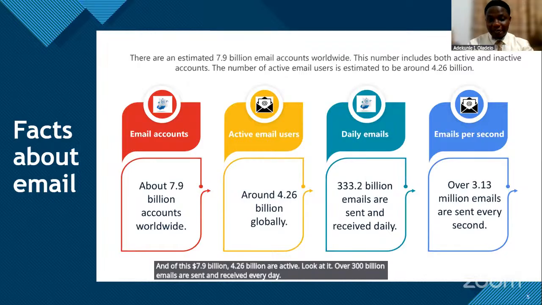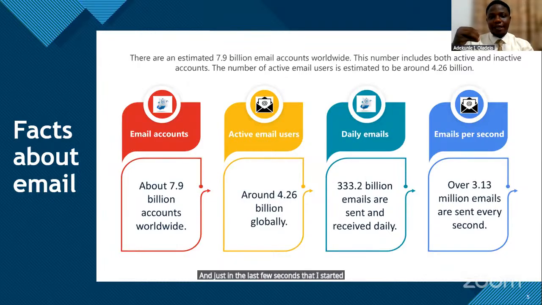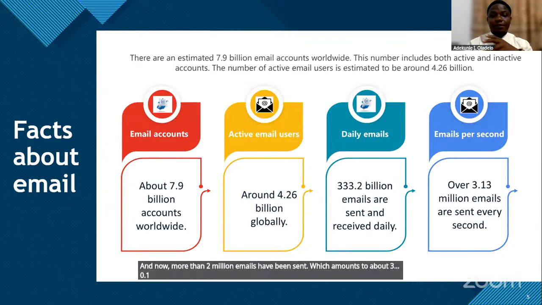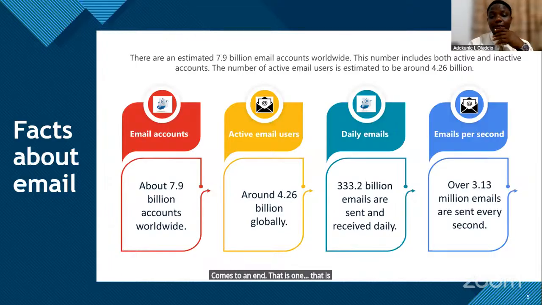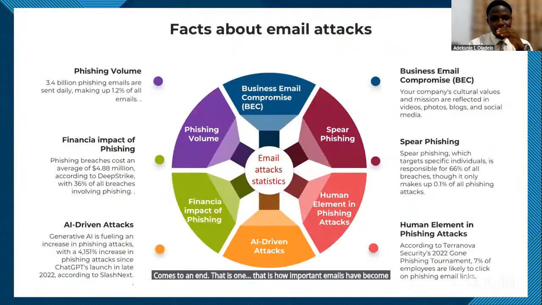And just in the last few seconds since I started this class, more than 2 million emails have been sent, which amounts to about 3.13 million every second. You can imagine the number of emails that will be sent and received before this live lecture comes to an end. That is how important emails have become today.